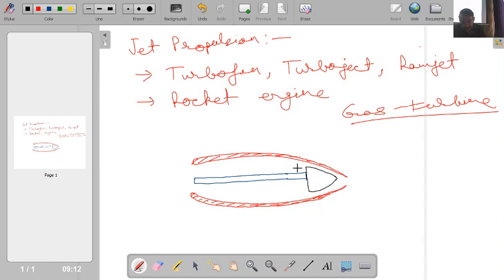Okay, so if you see typically a gas turbine engine, I am trying to draw it over here, so you will be finding some structure like this. This is a shaft, and on this shaft you have some blades like this. What do these blades represent? What are these? Impeller. Is it a turbine or a compressor? Have you people studied basic thermodynamics?